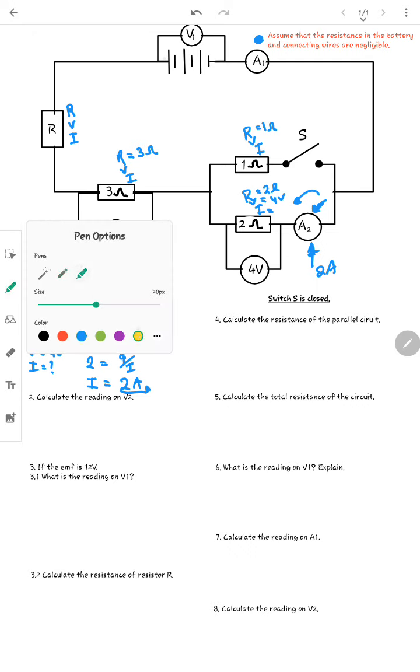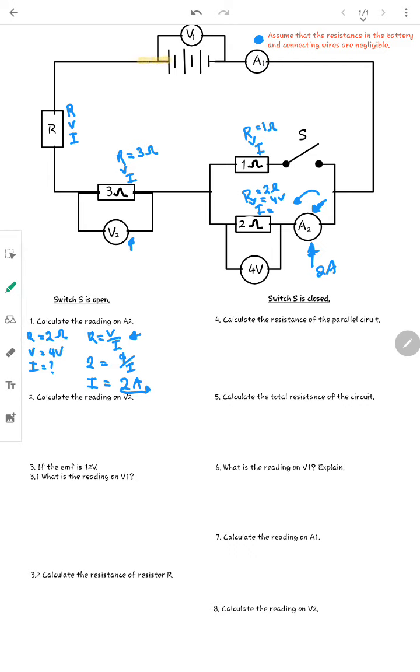So if I can just prove it to you, a series circuit means there's no break in the connection. So there we go, through the first resistor, through the second resistor. Switch S is open, so obviously I cannot go in that branch. So there we go, through the third resistor, and I come back up here, and then I continue, and there we go.